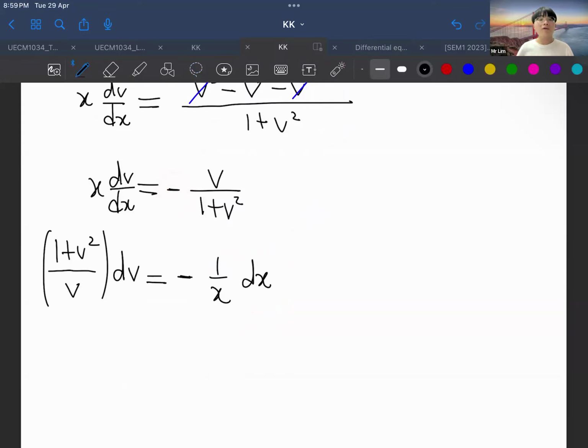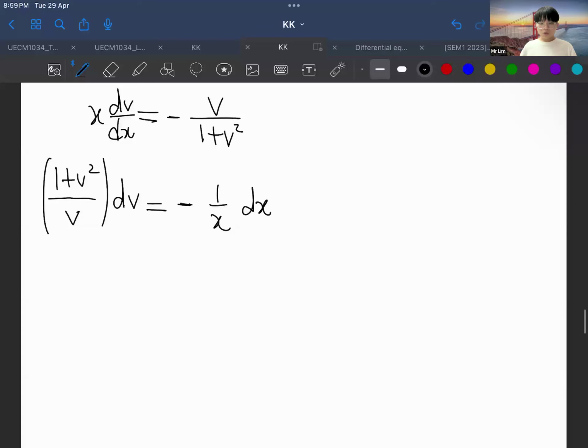So I remain for the negative 1 over x. Okay. So next step, because you are presenting, so you better show whatever word you just write lah. Like normally you don't even write this, but you can write this, right? Integrating both sides.